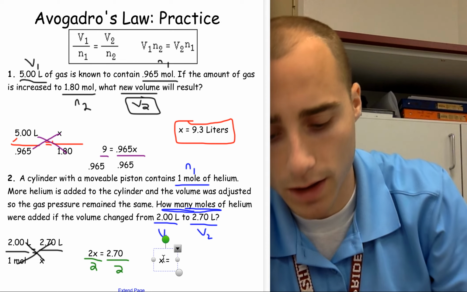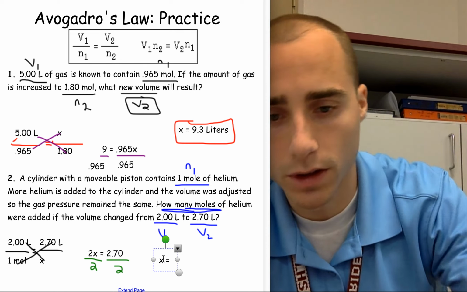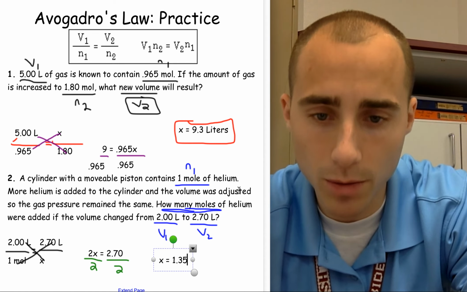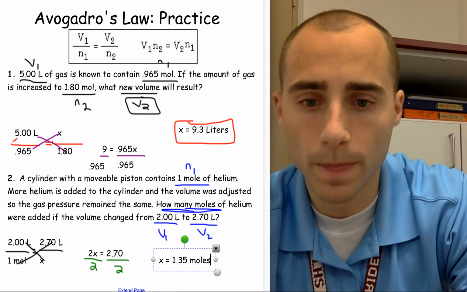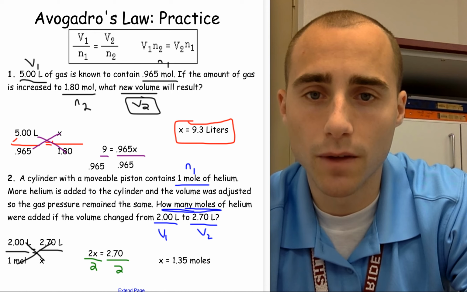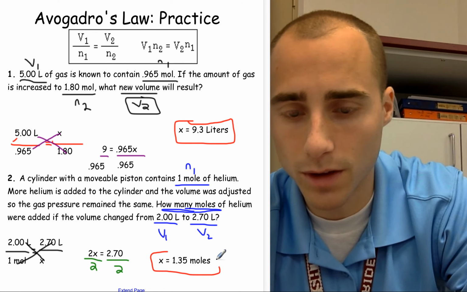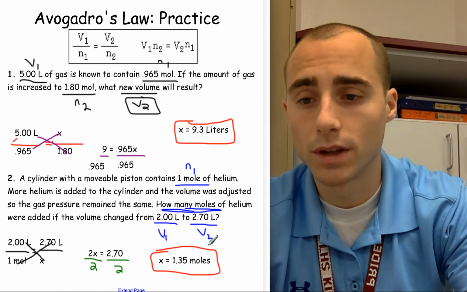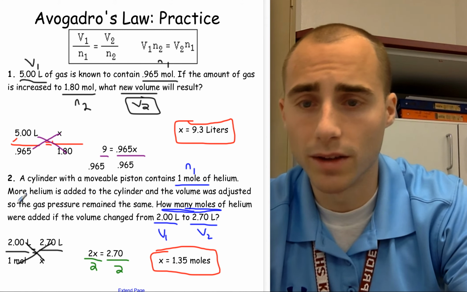Let's figure out what that is. 2.7 divided by 2 equals 1.35, and we are solving how many moles? 1.35 moles of helium were added if our volume changed from 2 to 2.7. So that is my answer right there, 1.35 moles. So those are your first 2 examples.